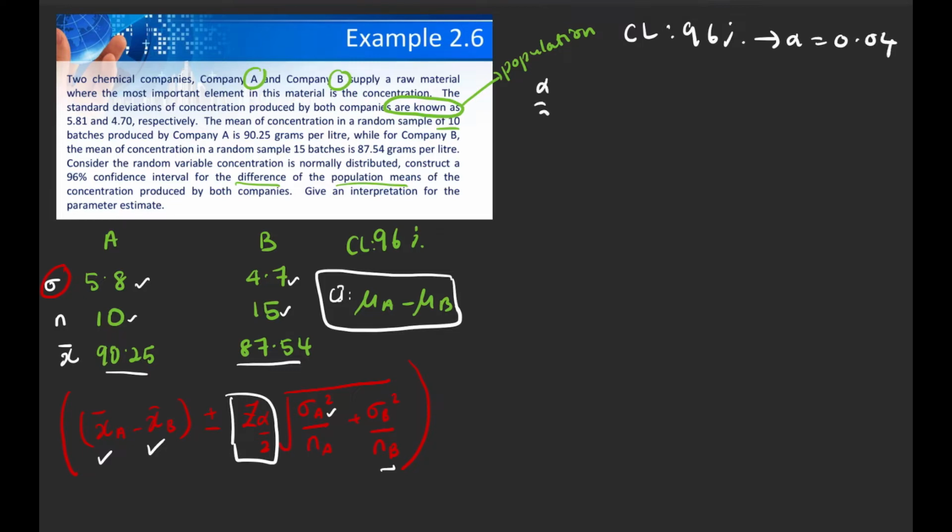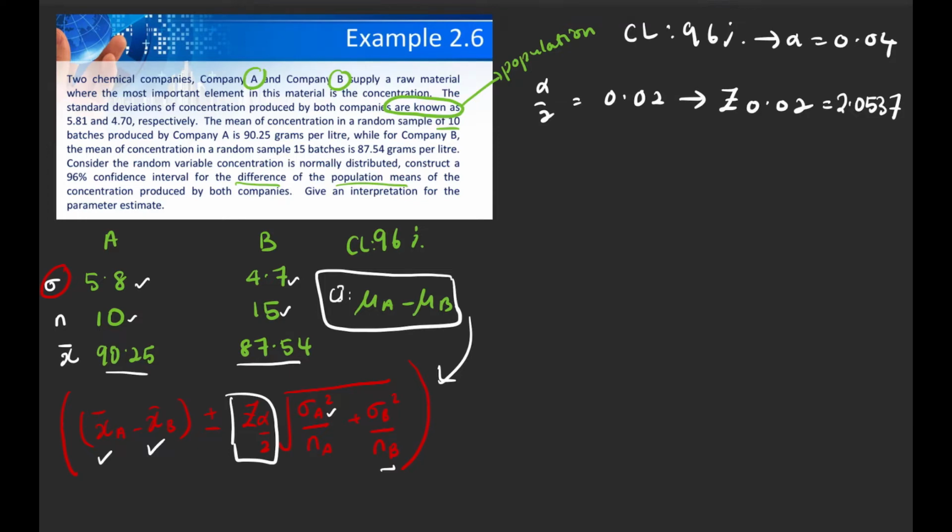So alpha divided by 2 you will get 0.02. So Z 0.02. Look at your stat table carefully. You will get 2.0537. So now what you have to do is substitute all into this formula.